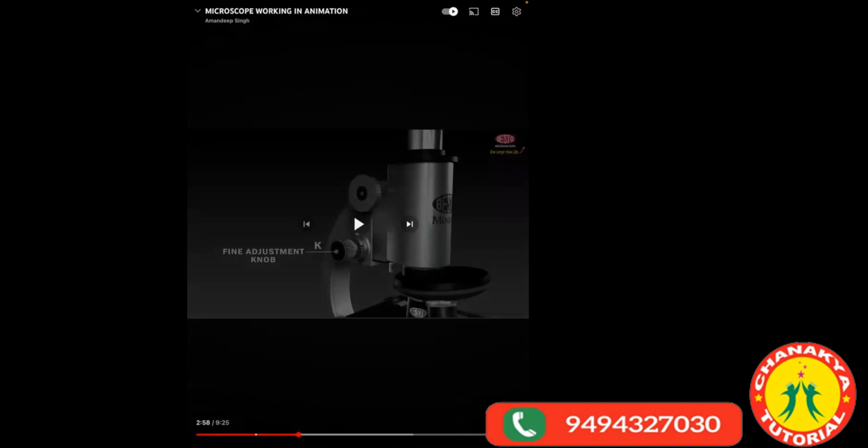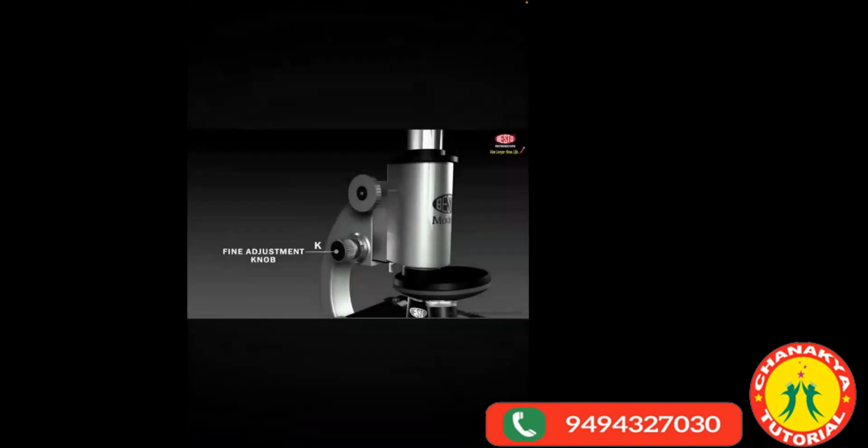We move this knob at a very small pace, because if we move it fast, the object might not be visible to us. A very small move is needed so that whatever object is on the stage becomes clear to us. Almost all of our besto microscopes have both coarse and fine adjustment knobs, but some have only one knob.